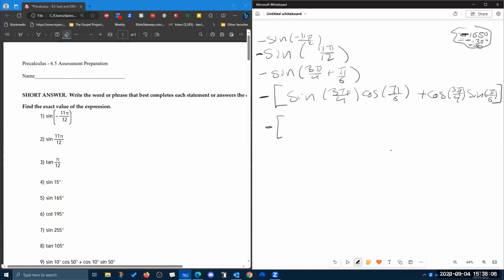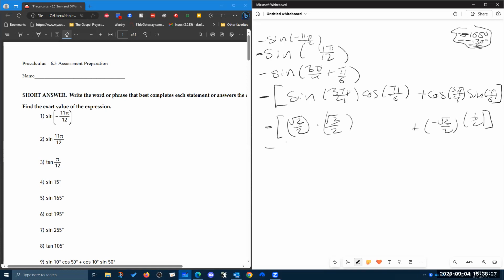So sine of 3 pi over 4 is root 2 over 2. Cosine of 3 pi over 4 is negative root 2 over 2. Cosine of pi over 6 is root 3 over 2. Sine of pi over 6 is 1/2.